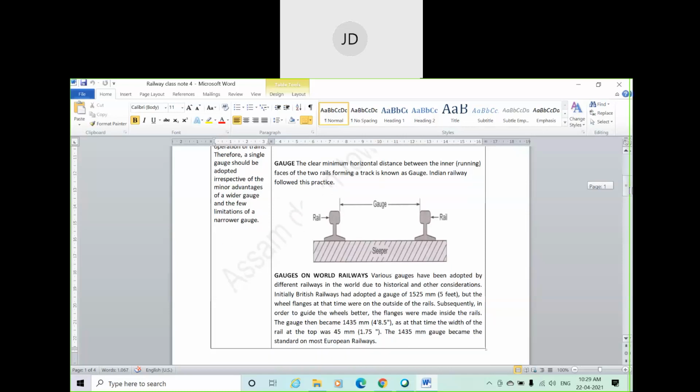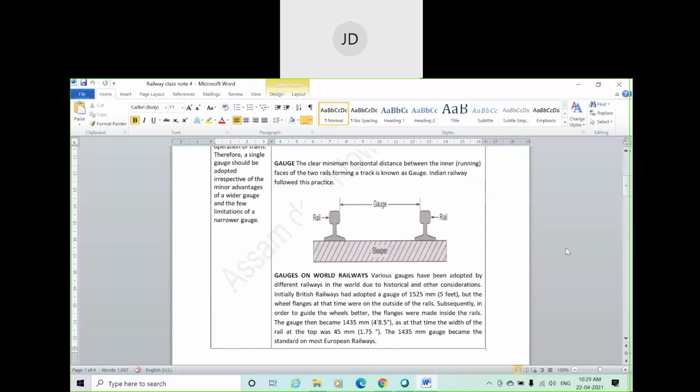Initially British Railway had adopted a gauge of 1525 millimeter, about 5 feet. That means British railway tracks were laid with the rails placed 1525 millimeter, about 5 feet apart.